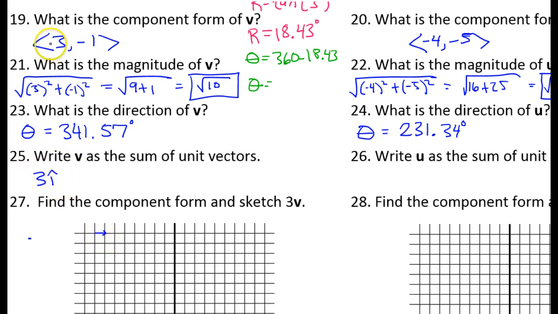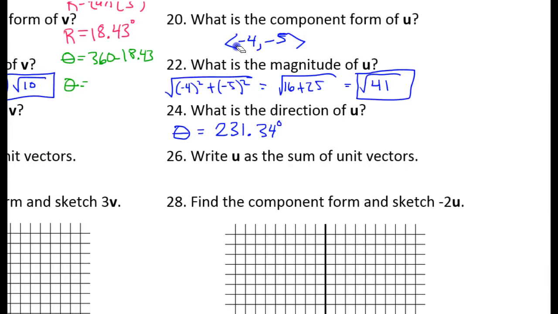So 3 of those would be the horizontal component of vector v. And then we will do the vertical component using the unit vector j. So I will say minus j. Notice how I put a little hat on the top of this to show that it's a unit vector. Okay? Unit vector j is a vertical vector of length 1. Okay, so 3i minus j, that's the sum of unit vectors. That would be the same as vector v.